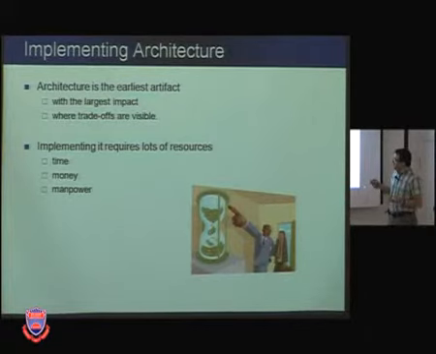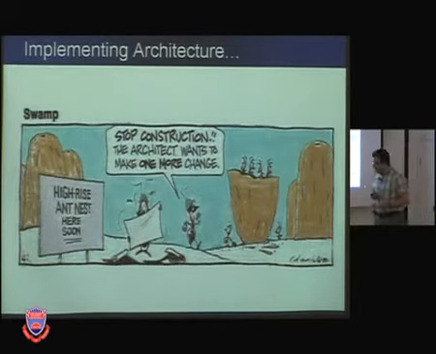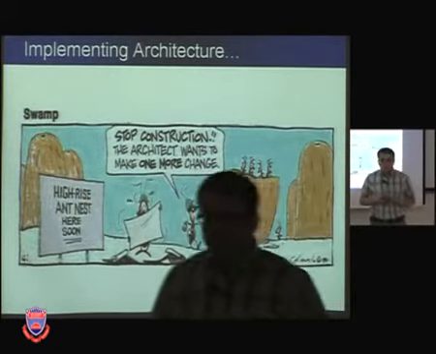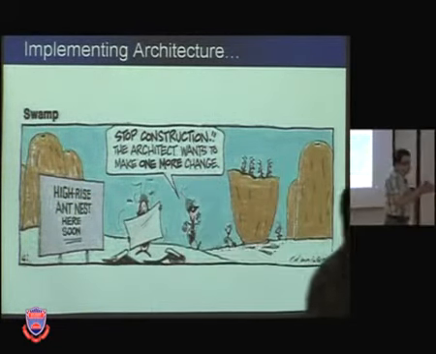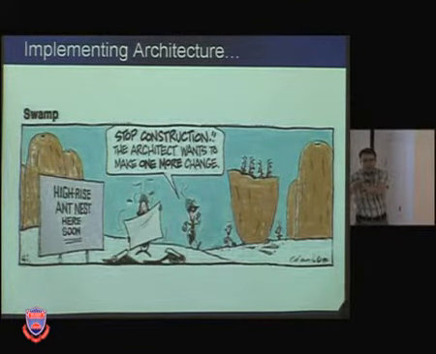And implementing the architecture requires lots of resources: time, money, manpower. So you should be sure that your architecture is of high quality, that it's stable, that it meets the stakeholder concerns. And you don't have the option to just change the architecture later on.